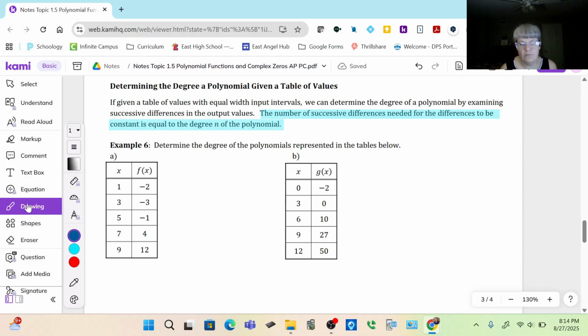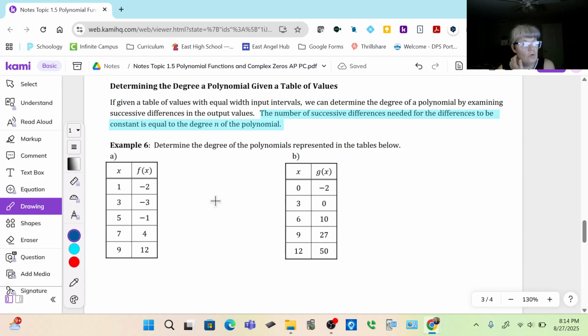In this particular video, I am going to be going over how we can determine the degree of a polynomial just by looking at a table or even a graph. So we've done some work with finding the differences from tables in order to determine if a function is linear or quadratic, looking for those constant or linear pattern differences.